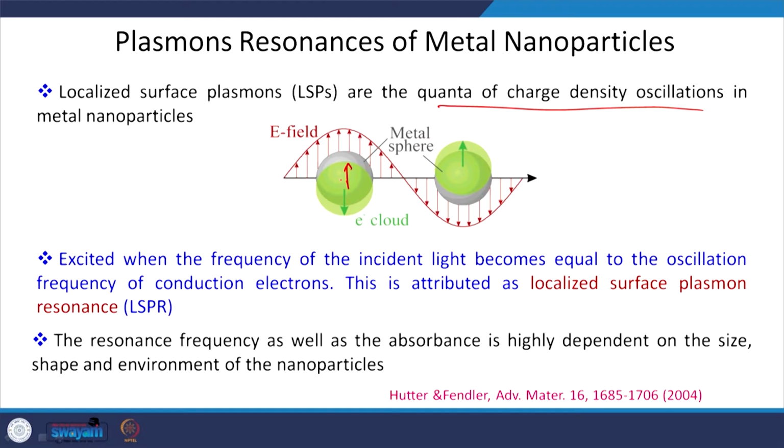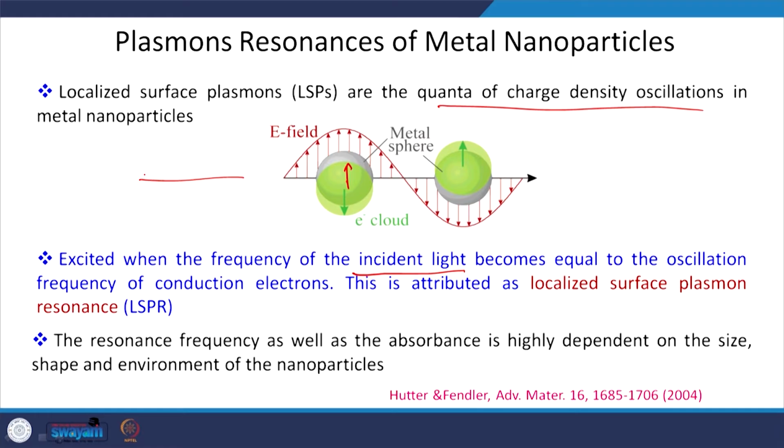These oscillations get excited when the frequency of the incident light becomes equal to the oscillation frequency of conduction electrons, and this phenomenon is called localized surface plasmon resonance. This resonance frequency as well as the absorbance, because when there is a resonance, light will get absorbed by these plasmons. Okay.